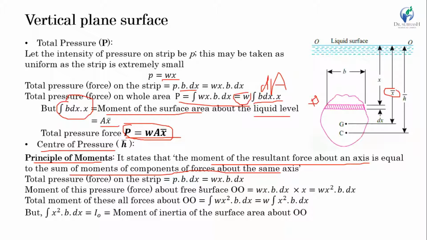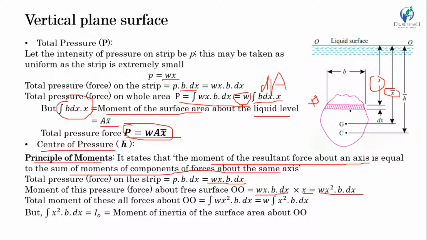If we take the moment of this small force dp about the free surface of liquid OO, the distance is x, which we have already taken. So the moment of the small force acting on the strip is w x b dx times x, which is omega x square b dx.